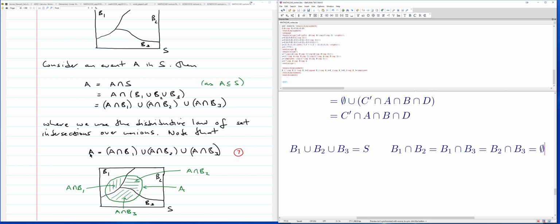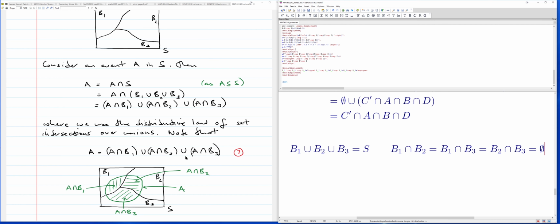So A being expressed as this union is a disjoint union. These three sets are mutually disjoint. If you take the intersection of A intersect B1 with A intersect B2, that would be the empty set.